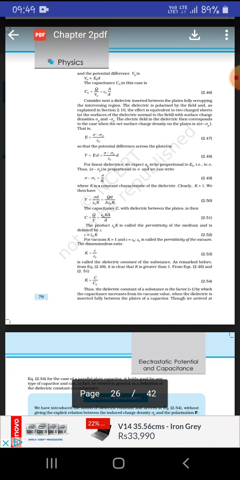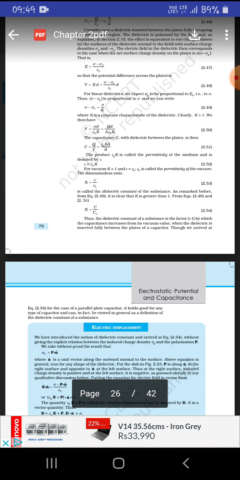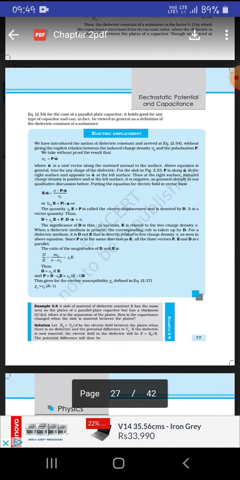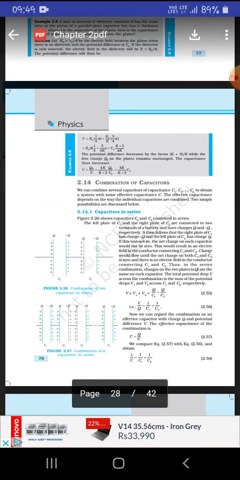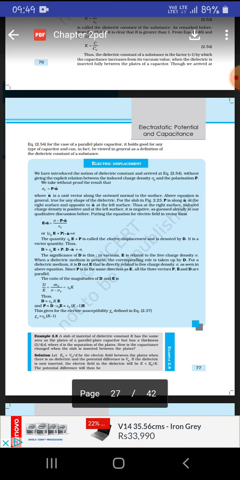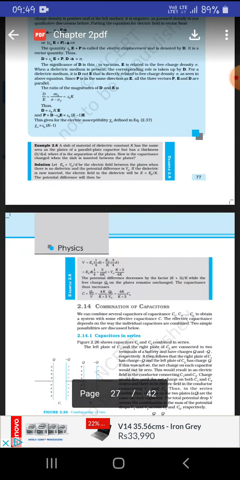When we solve this, taking K as the dielectric constant, we get K is equal to E0 by E, and K is equal to capacitance C by capacitance C0.